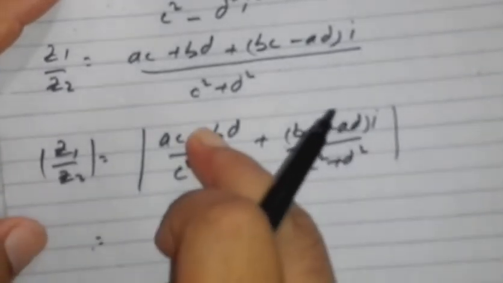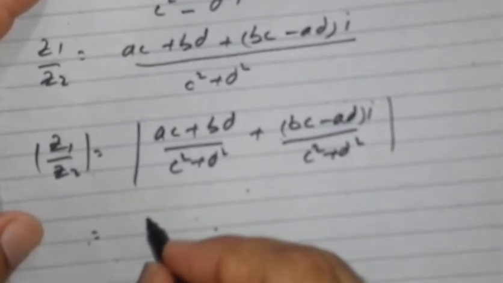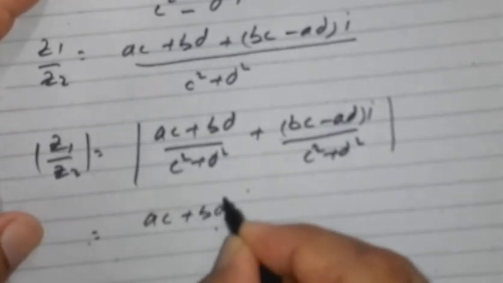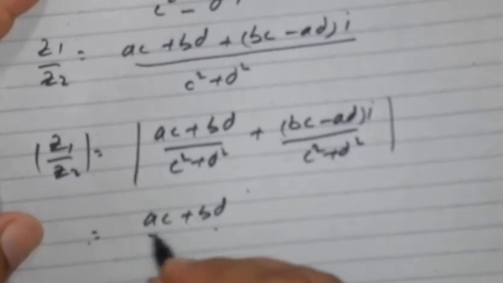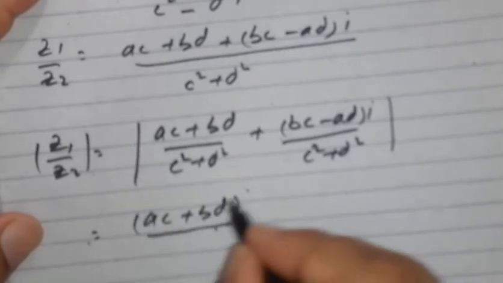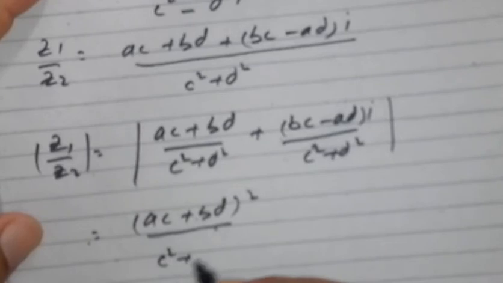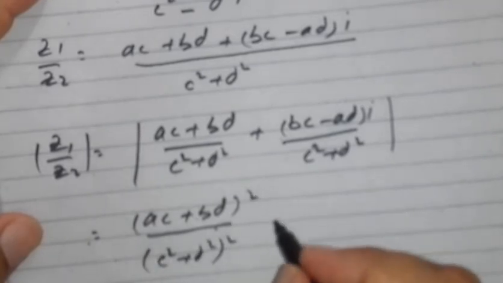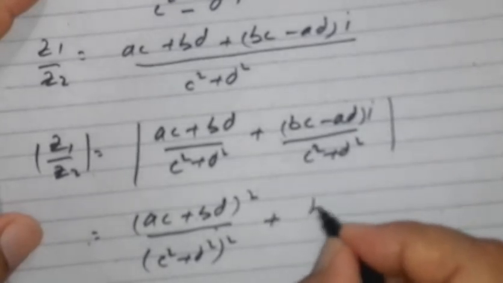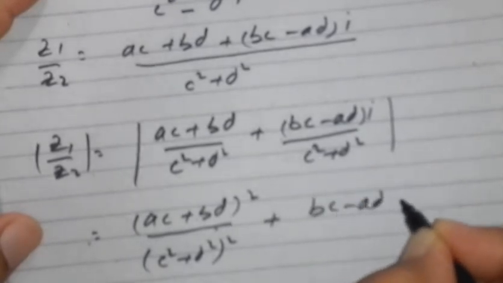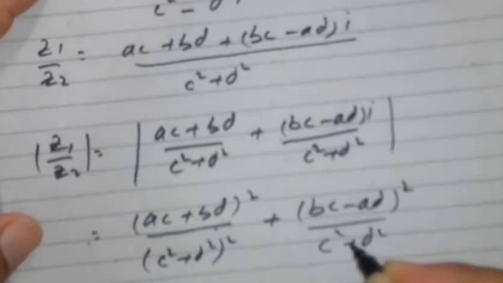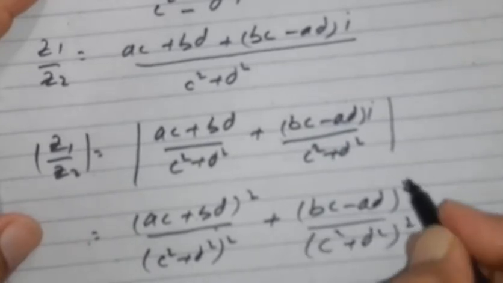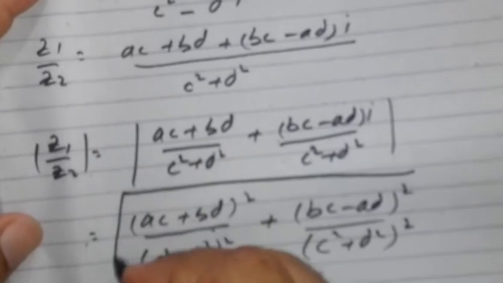Now take the square of this and square root. So (ac plus bd) square divided by (c square plus d square) whole square, and this (bc minus ad) square divided by (c square plus d square) whole square under the root.